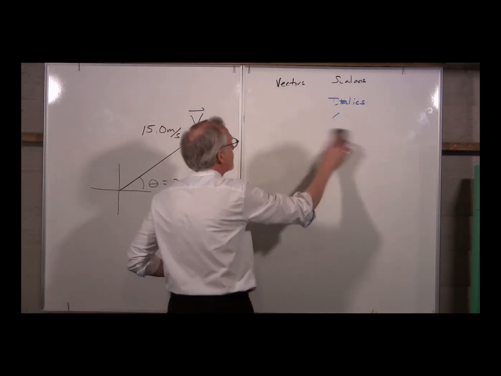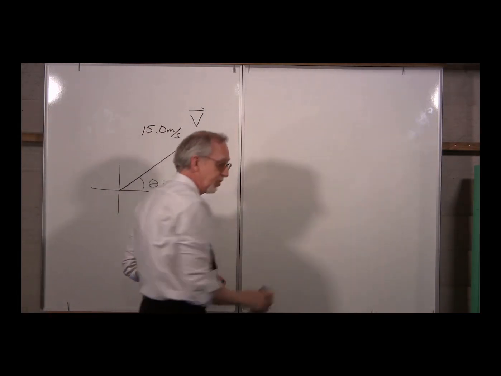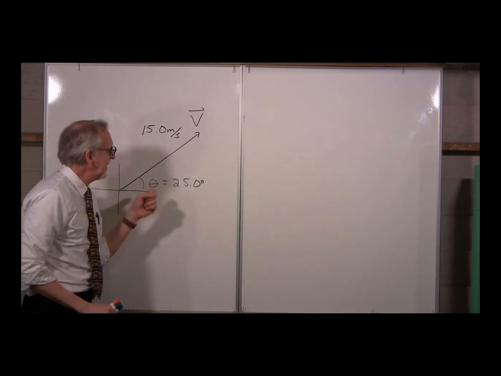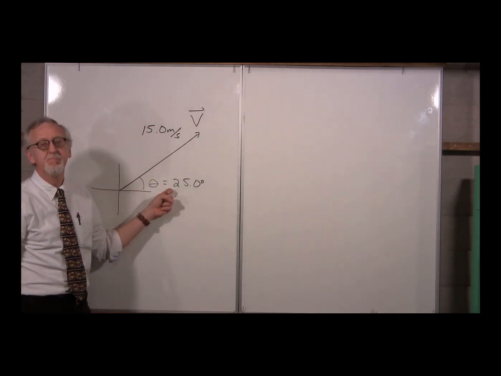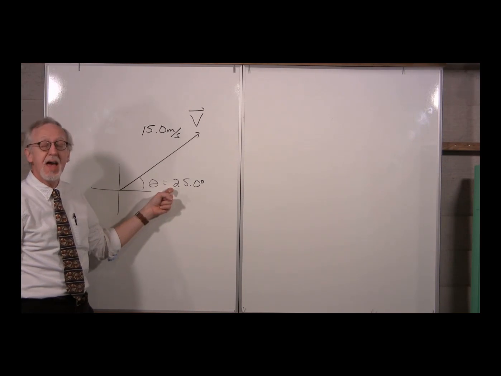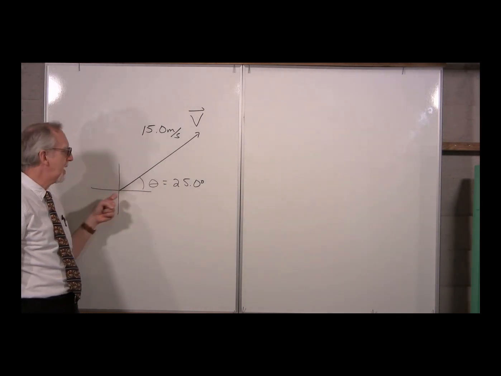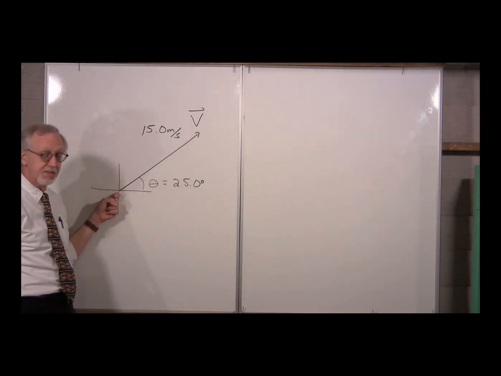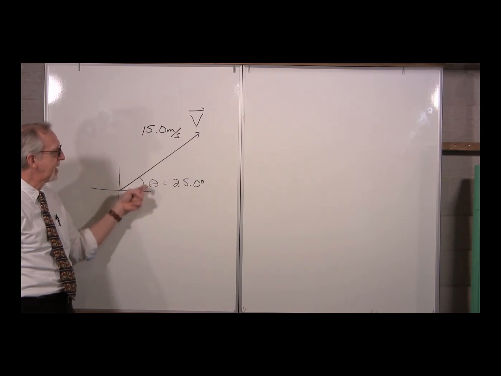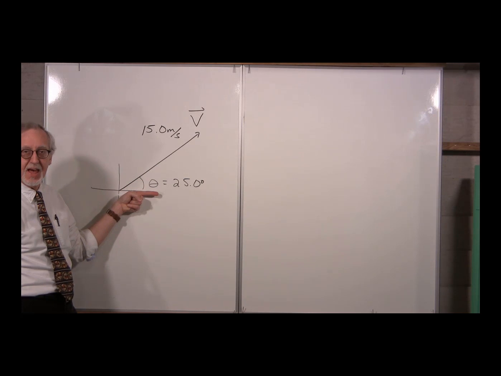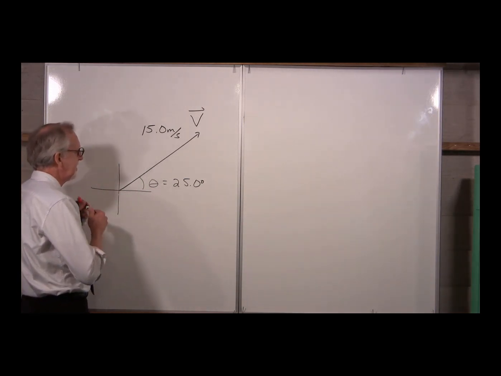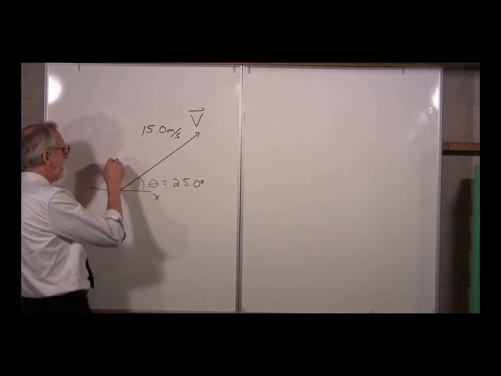So to describe the direction of a vector, we need to give some kind of angle, typically, and then how that angle is measured relative to our coordinate system. We might say in this case that the vector v is 25 degrees above the x-axis. This is assuming this is the x direction, this is the y direction.